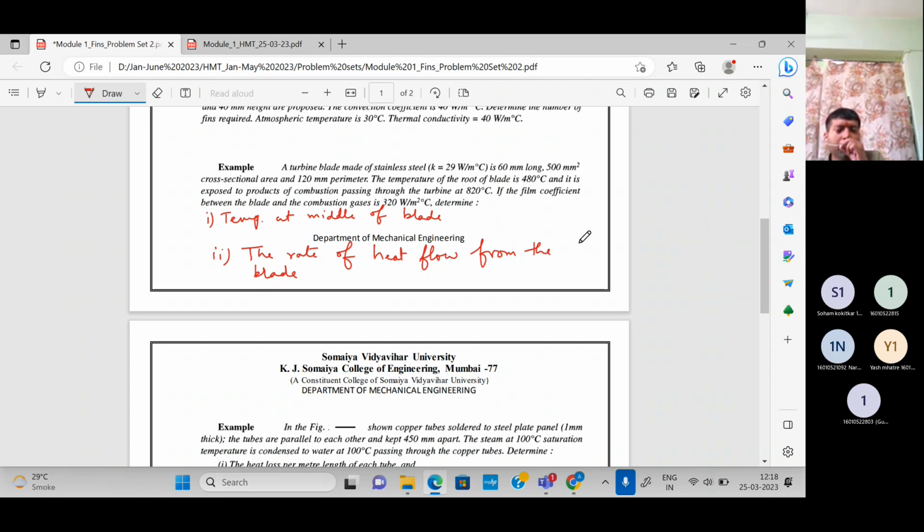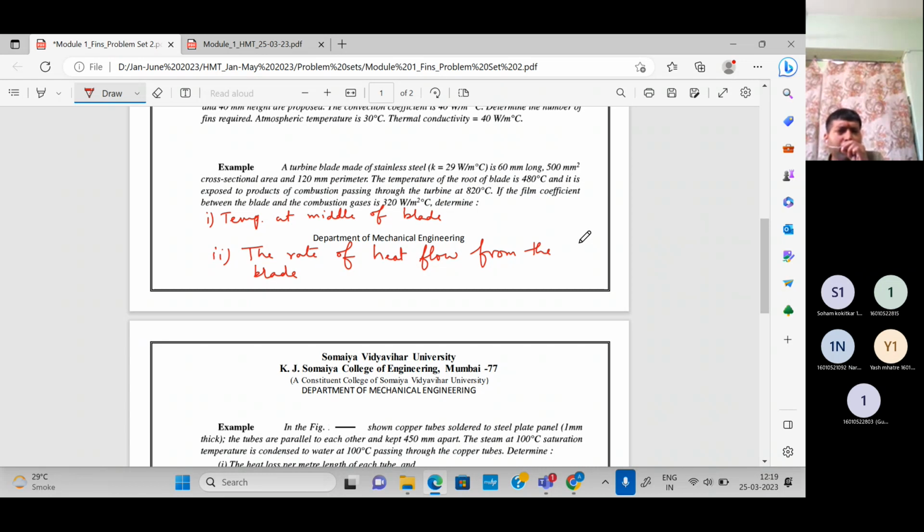Suppose the case is given in the problem and you have solved the problem by taking some different case. Even though you will get the same answer, you will get 0 marks. So whatever case is given in the problem, you have to take that particular case and then solve the problem, then only you will get the marks. And mostly the case will be given in the problem itself.